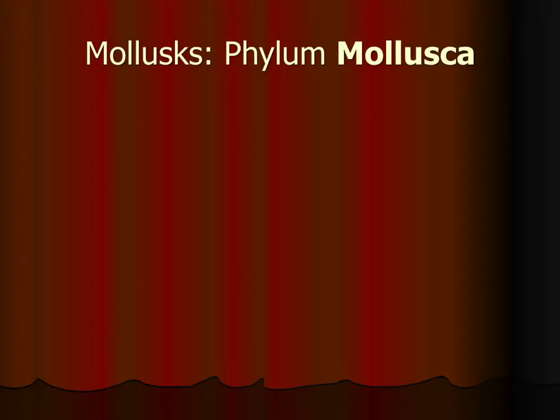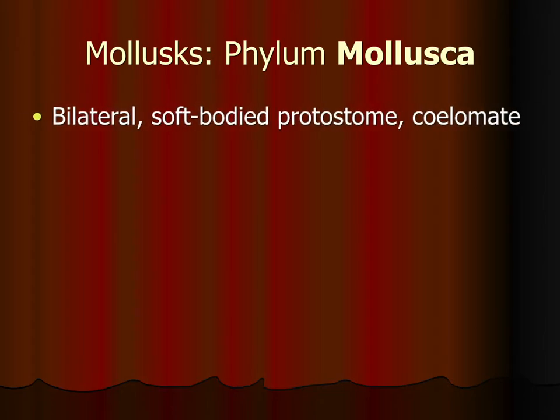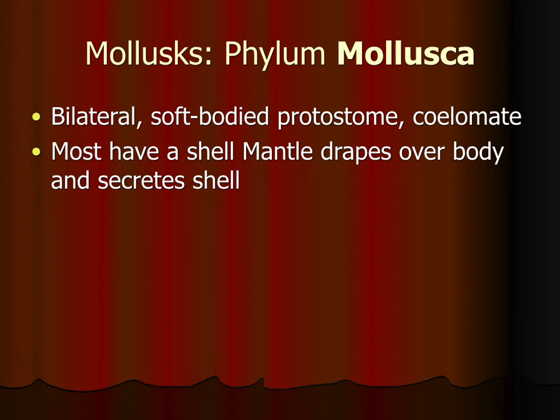So when we start getting into our mollusks, as we talk about them, we are dealing with bilateral, soft-bodied protostomes that are coelomate. Most have a mantle that drapes over the body and will secrete the shell, so they will end up with a shell.